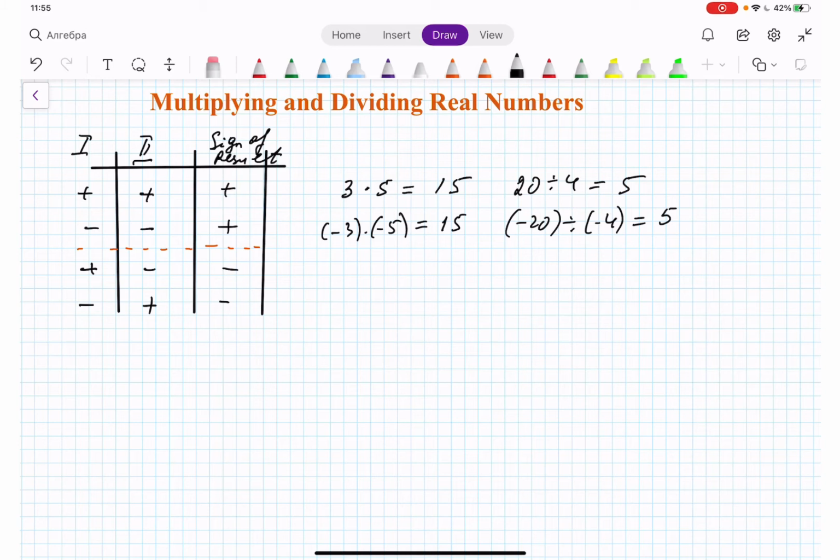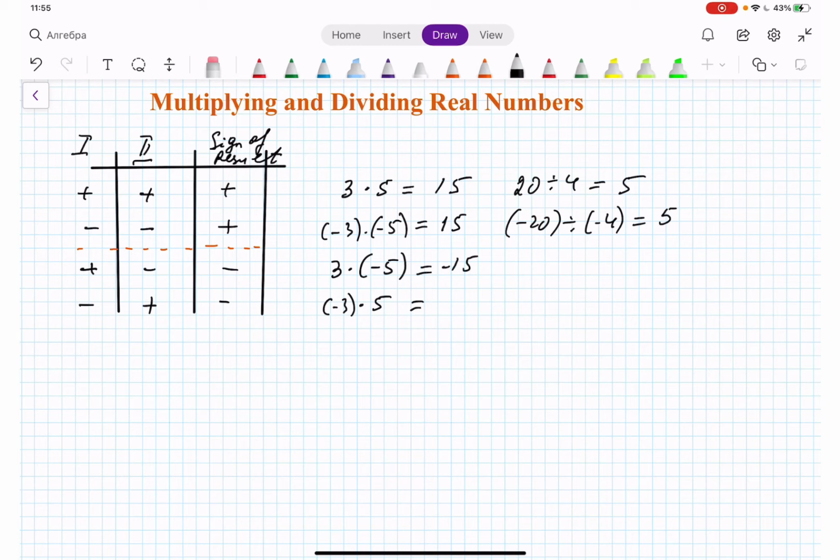Now, negative and positive. We have negative 3 times positive 5. So, okay, let me move it down here. Negative, positive, doesn't matter. So here is positive 3 times negative 5. If signs are different, result is negative, period.